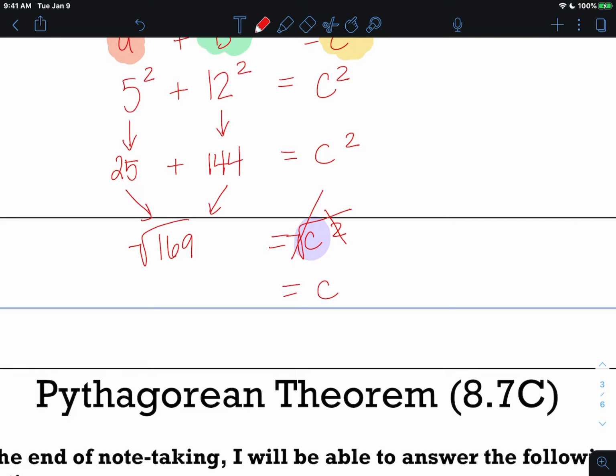So 13 times itself makes 169, which means the square root of 169 is 13.